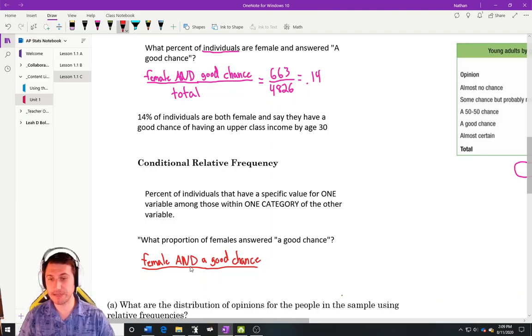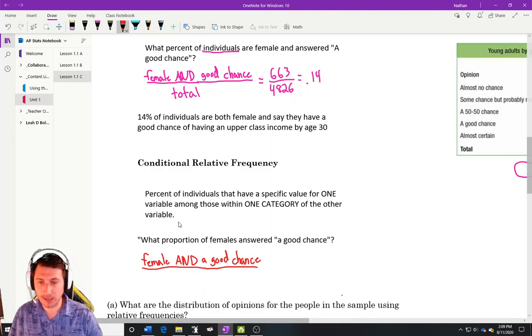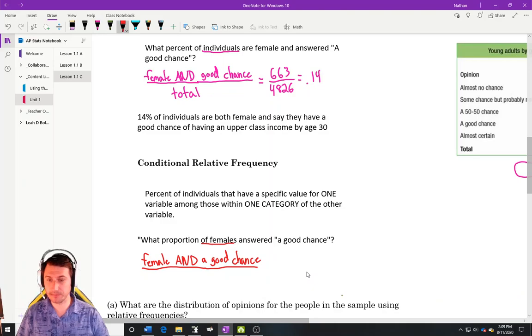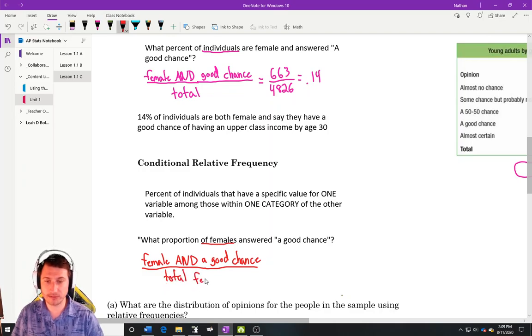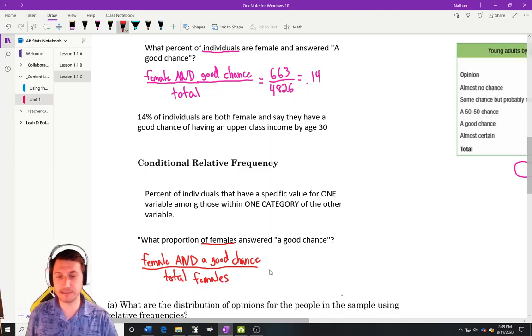The total is different because I'm not looking at all the individuals anymore. I just want to know what proportion of females answered this, not the total survey group. So my total is just going to be the total females. That's the big difference here.